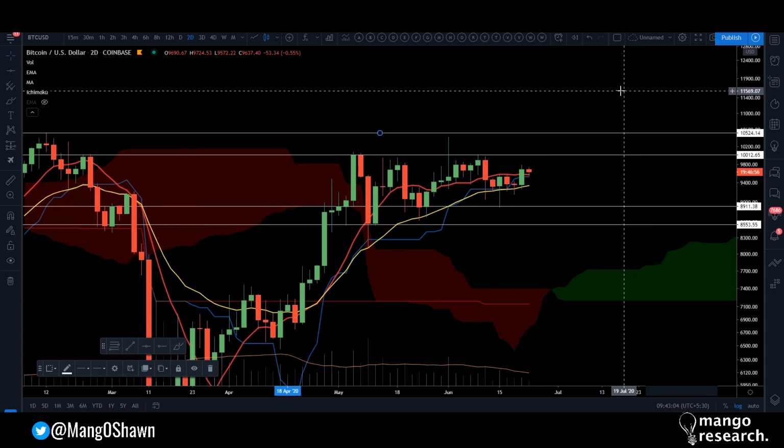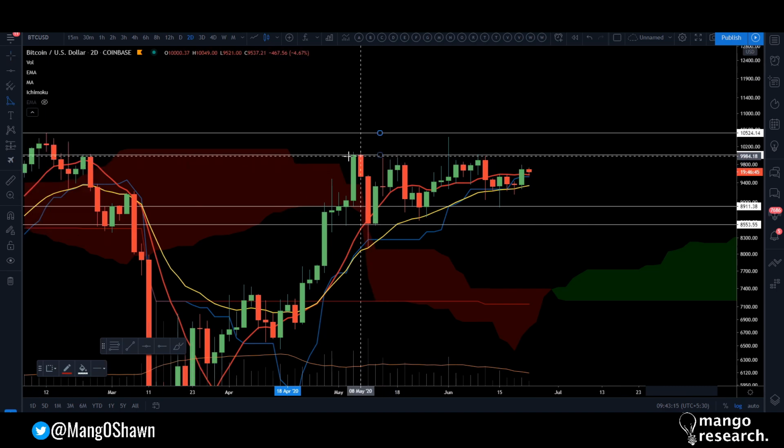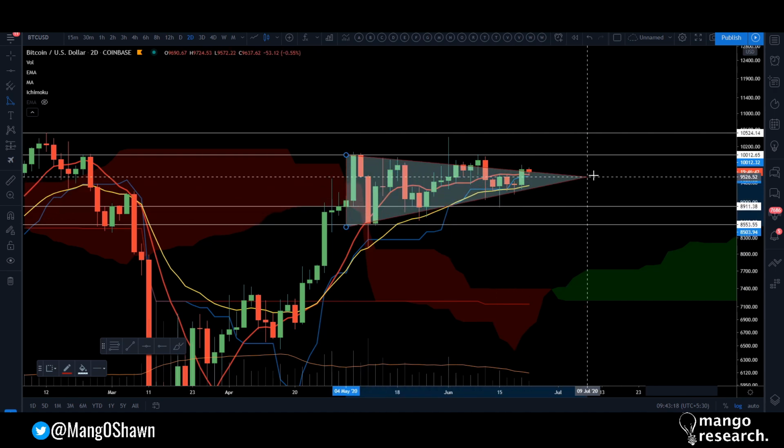But until then, we are still stuck in this range. We are in a consolidation range. Yes, we're putting in higher lows. Yes, it's a beautiful symmetrical ascending triangle, apologies, but prudence will be rewarded, in my opinion.